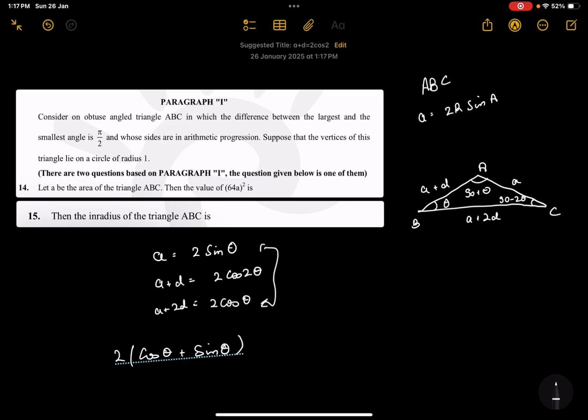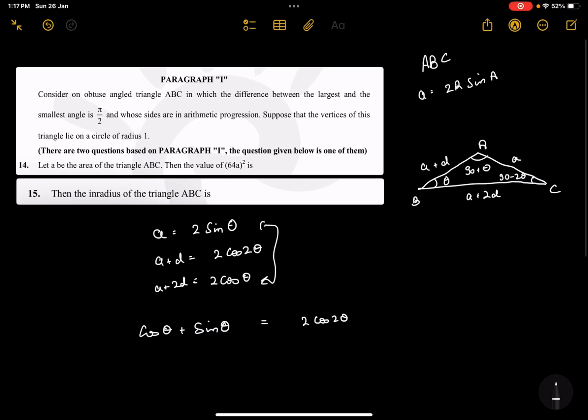Adding these two equations equals 2 times 2 cos 2 theta. So the 2 gets cancelled. That gives us cos theta plus sine theta is 2 cos 2 theta.